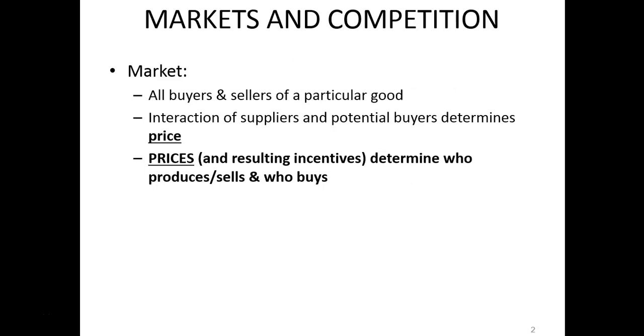And prices, as we'll see, are going to be the main determinant of how they relate to each other, right? Because price is basically what the consumer has to pay and what the seller gets. And then we'll see that as prices change, each of those parties' incentives change.